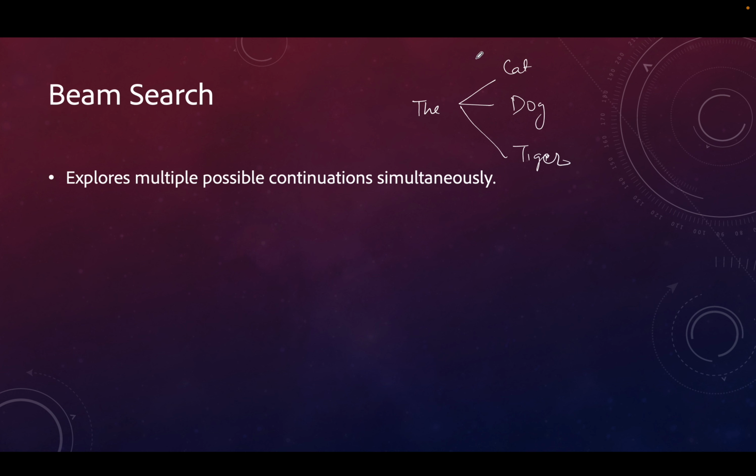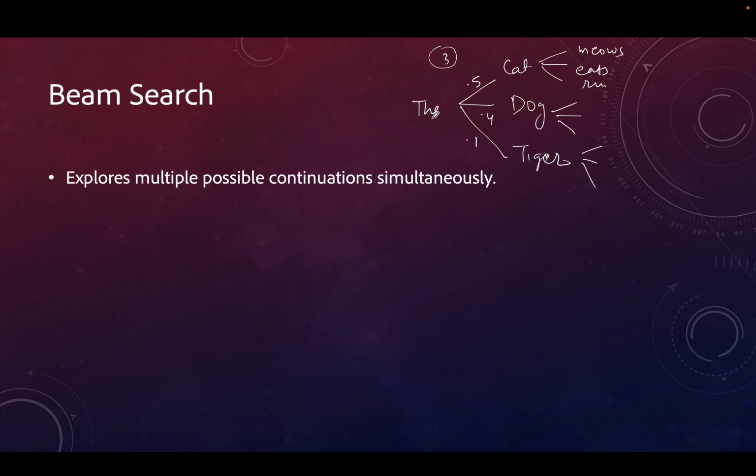Let's keep it to 3 only at each step. It has probabilities of, let's say, 0.5, 0.4, 0.1. Again, 3 words following cat, maybe meows, eats, runs. Similarly, for dog there are 3 actions, for tiger there are 3 actions.